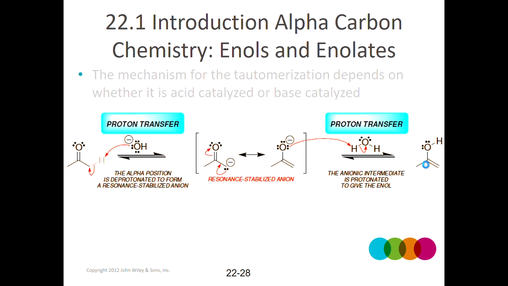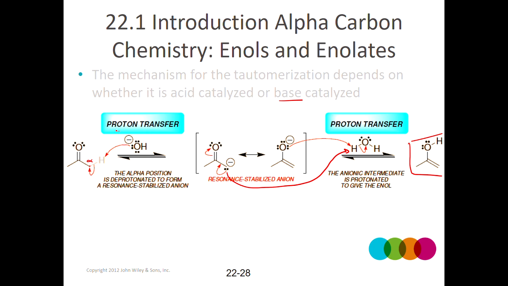You can also do a base catalyzed tautomerization, with a base catalyst. We showed the mechanism for that. That involves the base picking off the alpha proton, or the proton from the alpha carbon. The electrons stay behind. That produces a negatively charged intermediate that's stabilized by resonance. And now here, either the oxygen could pick up a proton and produce the enol, or a carbon could pick up a proton to produce the ketone.